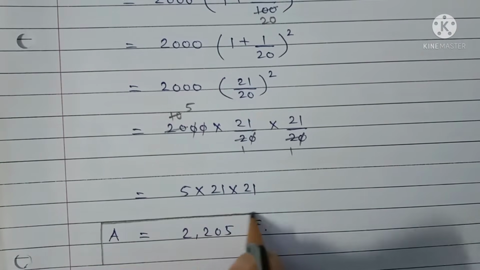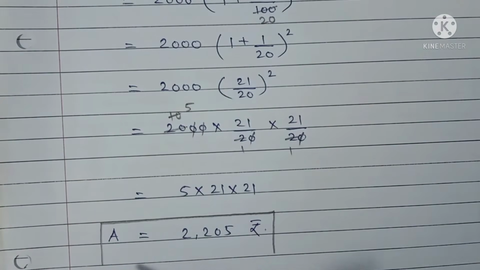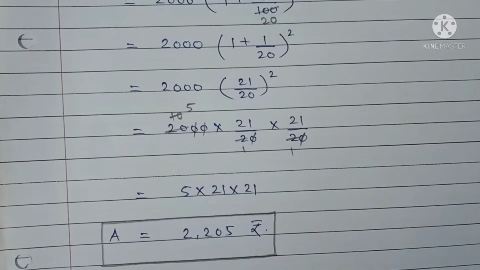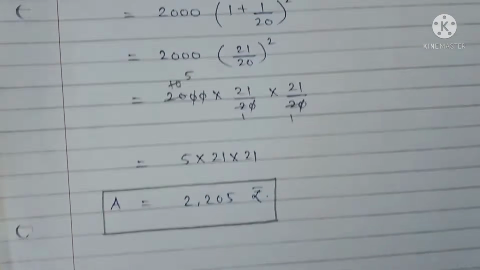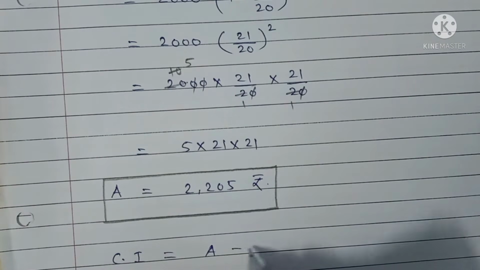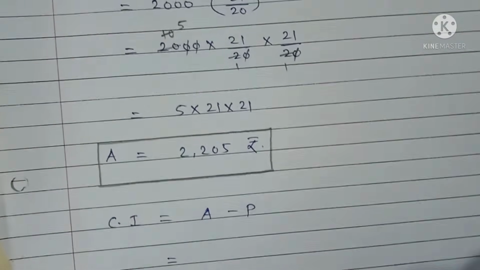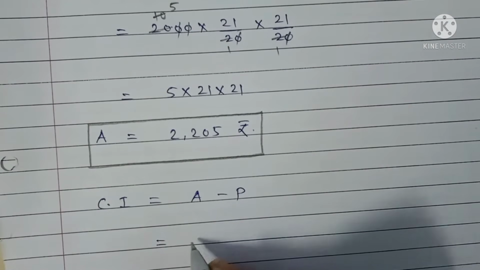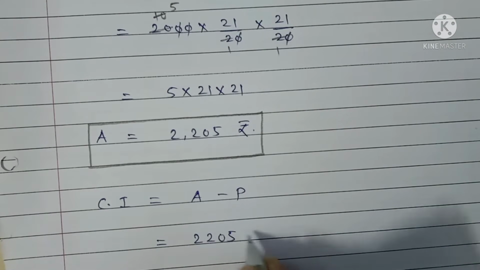Now you can find out the compound interest. Formula of compound interest: compound interest is equal to A minus P. A means amount, we have just found out, minus P means principal.